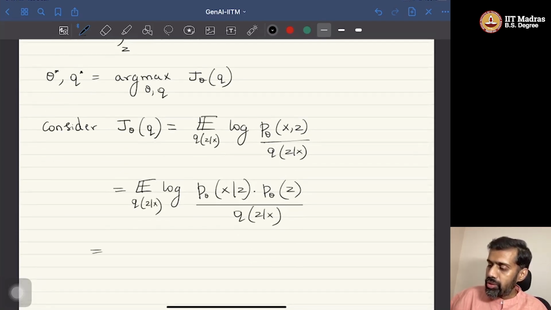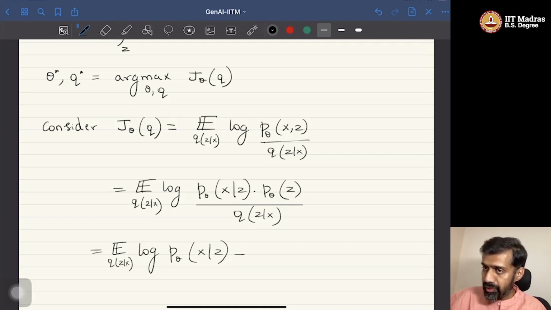Now we use the law of logarithms to break these terms up. This is the expectation of log p theta of x given z, with respect to q of z given x, minus the expectation of log of q of z given x divided by p theta of z, with respect to q of z given x.